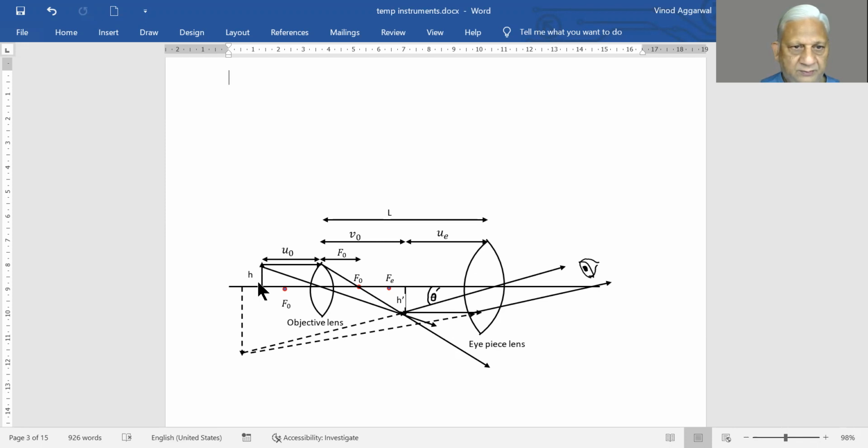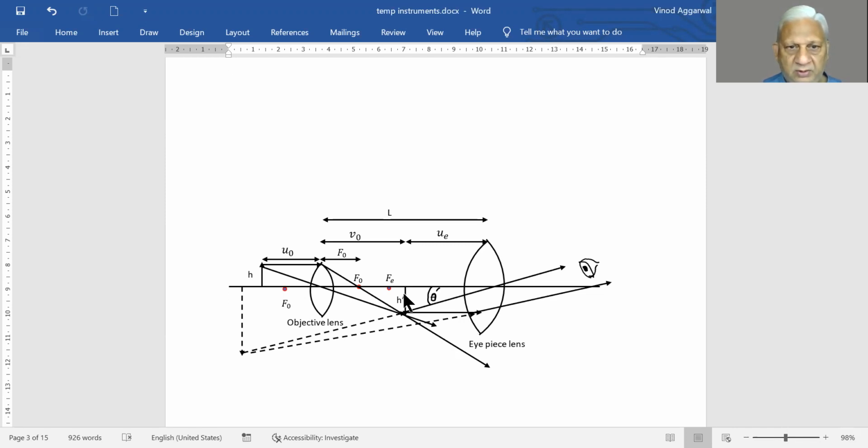Our object is here. When the rays from this object go through this lens, it forms a real image here. Now, we adjust the placement of this image in such a way that it is formed very close to the focal point of this lens.